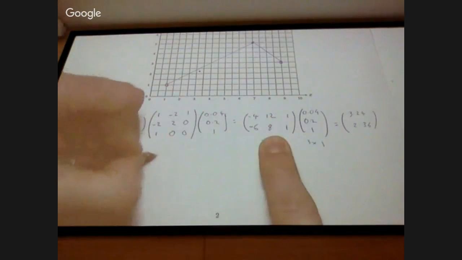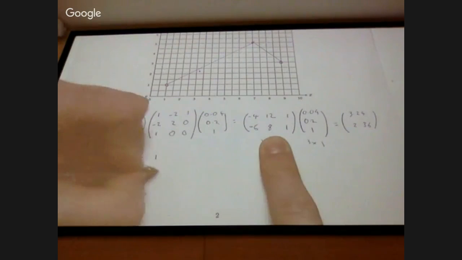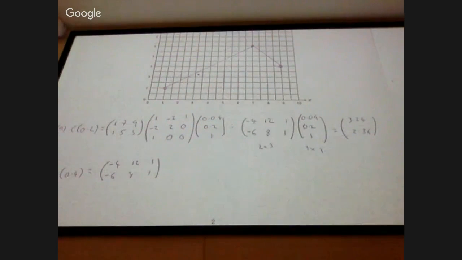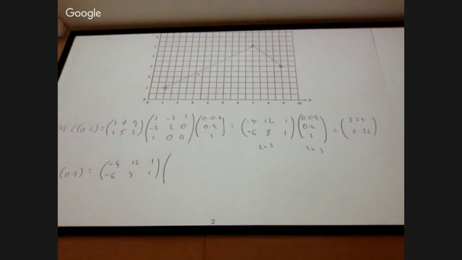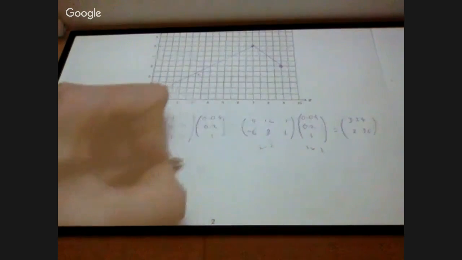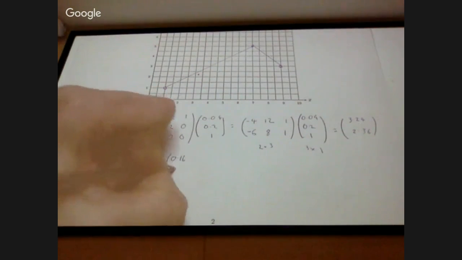There's no point redoing that, because I know that's going to be the same for these control points for every value of t. What is 0.4 squared? 0.16? Then 0.4, and 1.